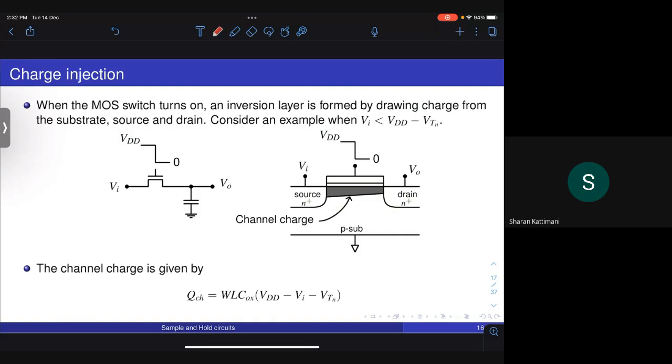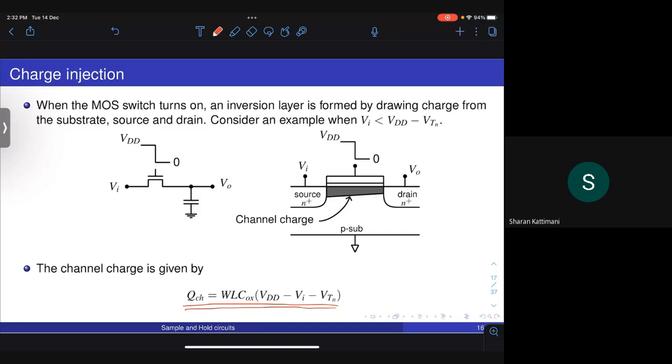There is some charge which forms the inversion layer of the transistor, and we have seen this yesterday in our review of the MOSFET. The channel charge can be written as WL COX into (VDD minus Vin minus VTN). W into L is the area of the gate of the MOSFET, and COX is the oxide capacitance per unit area. So COX into WL gives me the total capacitance C of the gate.